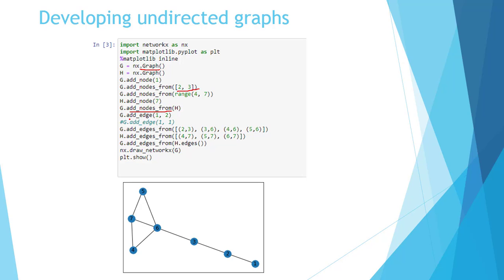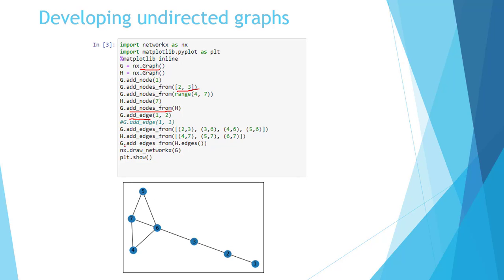So for that we have called the method add_edge between 1 and 2. After that to add multiple edges simultaneously we have to call add_edges_from: 2 to 3, 3 to 6, 4 to 6, 5 to 6, and then also we have add_edges_from in the H graph using the add_edge method for 4 to 7, 5 to 7 and 6 to 7.